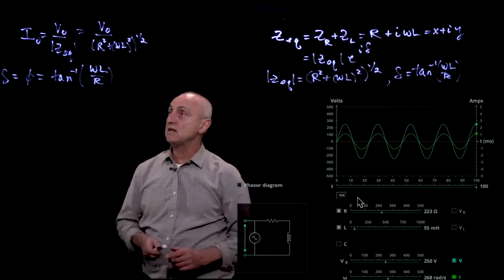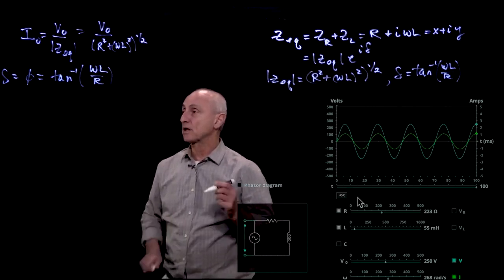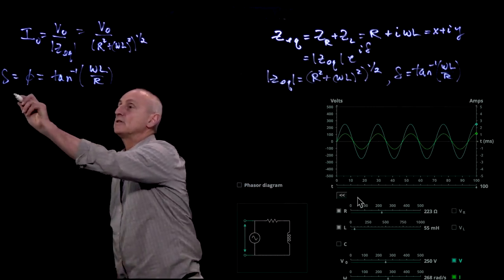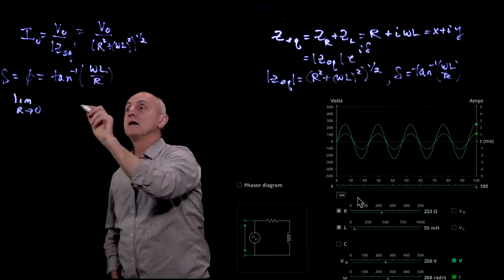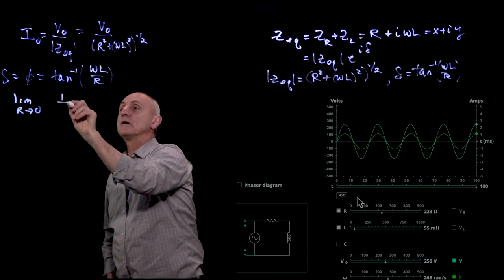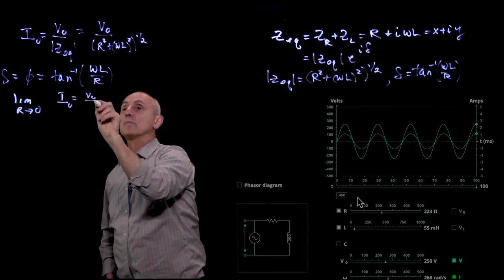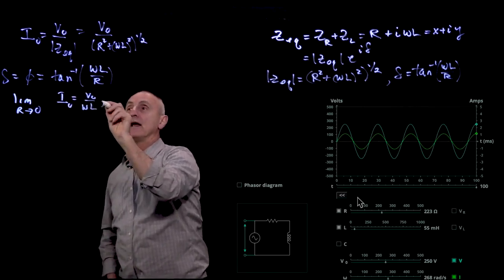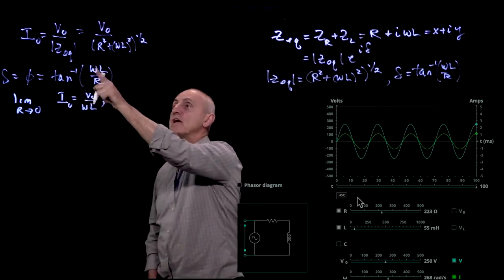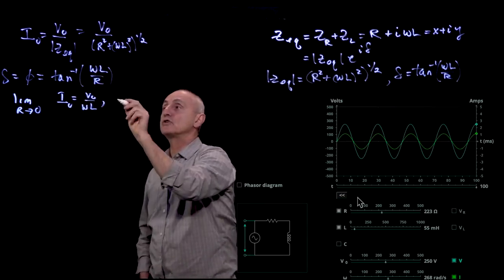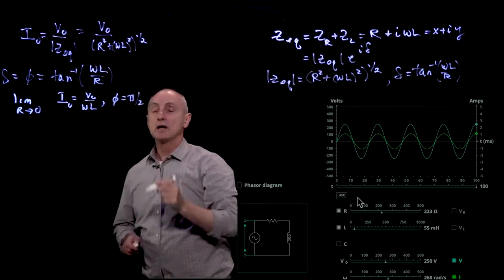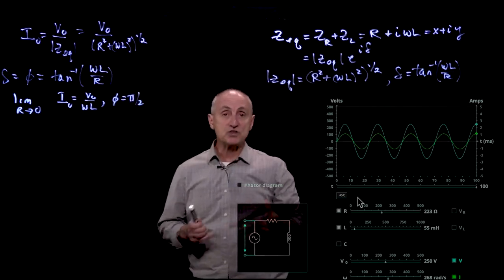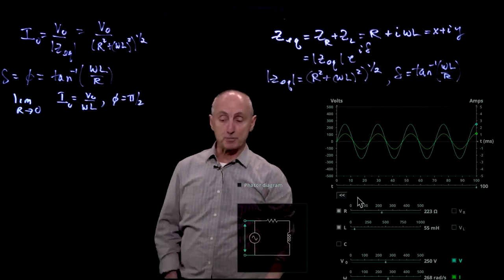So let's just see some limits of this expression. In the first case, if we take the limit as R goes to 0, then the amplitude just becomes V0 over omega L. And inverse tangent of infinity is pi over 2. So the phase is just pi over 2. And that represents having no resistor, and that recovers our results for the pure inductor.